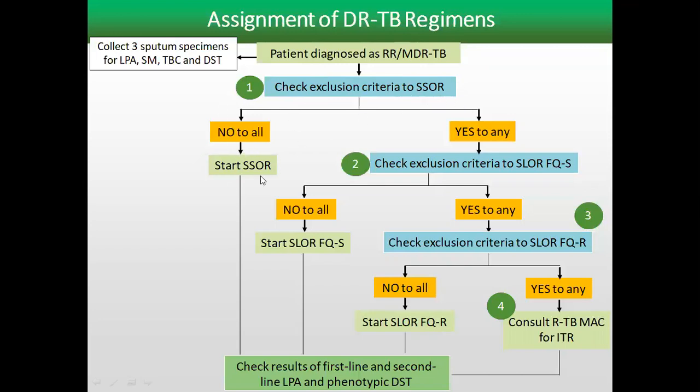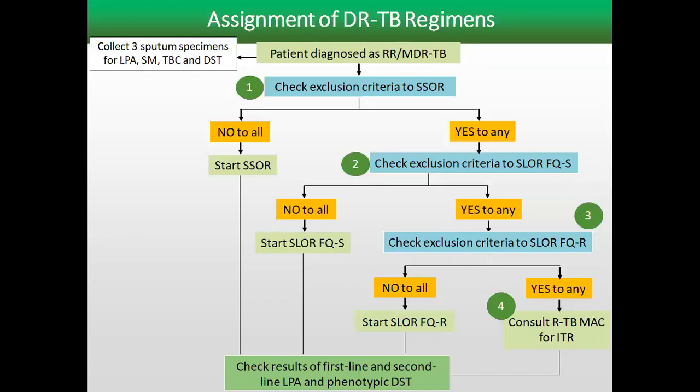So, if no, you can start SSOR and you wait for the results of the first line and second line LPA and phenotypic DST. Kasi ang sabi natin, paminsan yung results ng LPA and DST will take about 2 weeks before bumalik sa inyo.